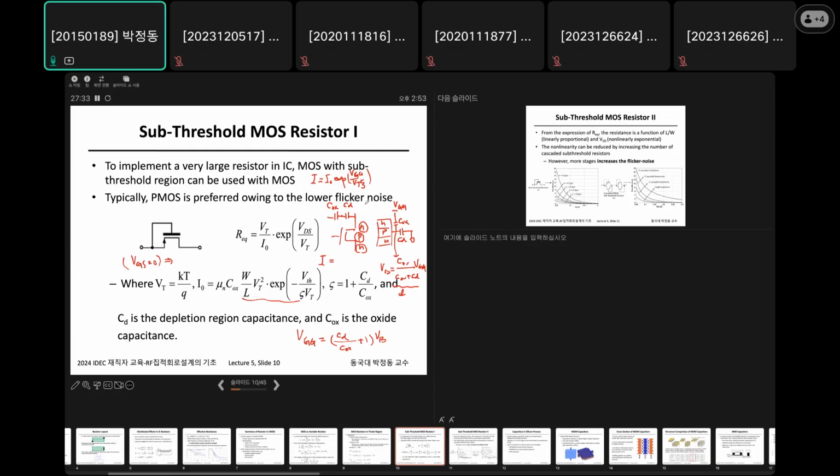Then what is this zeta? This zeta is CD over Cox plus 1. If I express this, this is VGG.